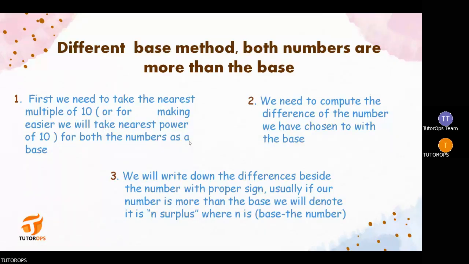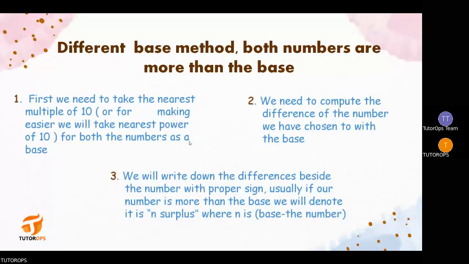Say, for example, you are taking bases as 200, 300, 400, but I will recommend that when you are doing bigger multiplication, take the base as a power of 10. Say 100, 1000, 10,000, like that. That will be very helpful for your calculation.